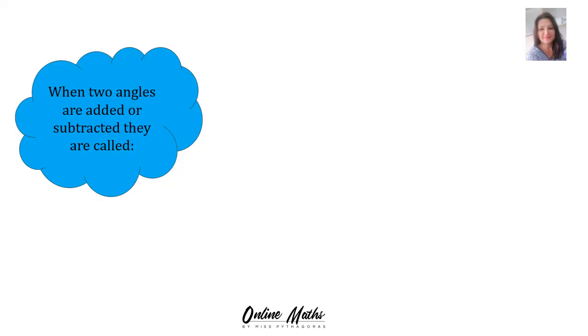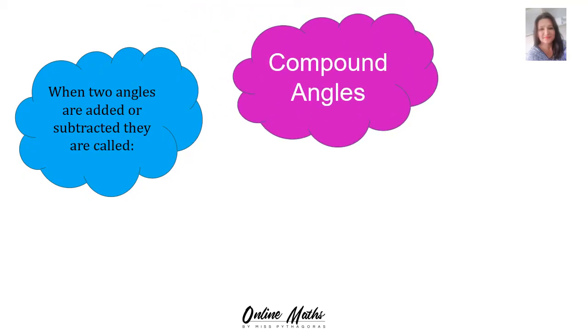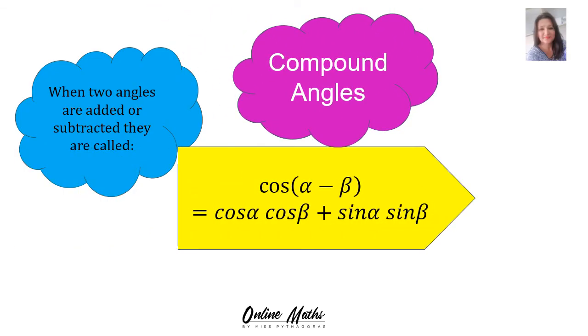When two angles are added or subtracted, they are called compound angles. And then there's a formula, and this formula lives on the formula sheet. If I give you cos alpha minus beta, then you can expand this into cos alpha cos beta plus sin alpha sin beta.